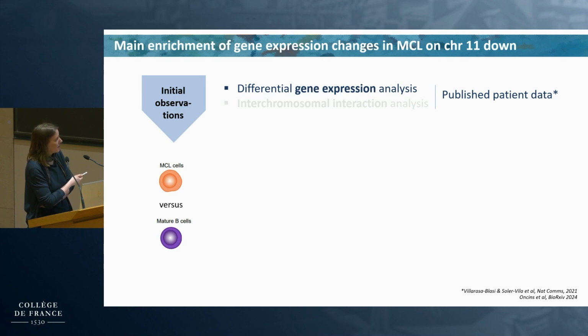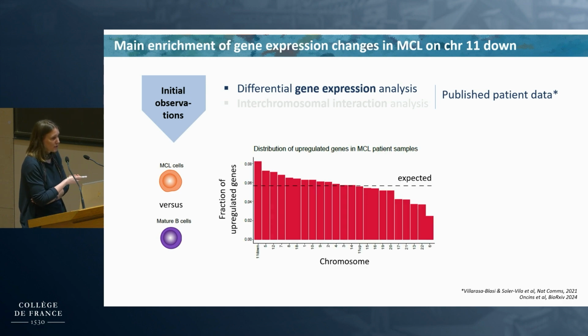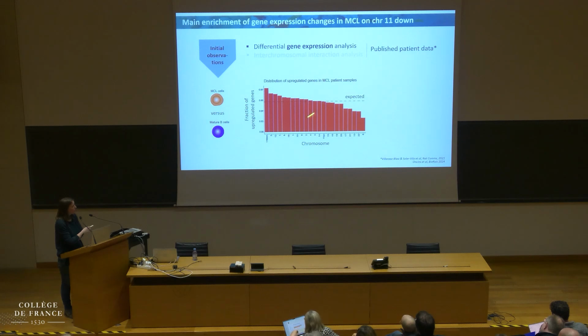Here we compared mantle cell lymphomas with mature healthy B cells, and we distributed the gene expression changes along the different chromosomes. And then basically what we see is that, compared to the expected distribution, chromosome 11 down has a higher level of upregulated genes than you would expect. So you see there's an effect on the translocated chromosome that could be induced by this translocation.